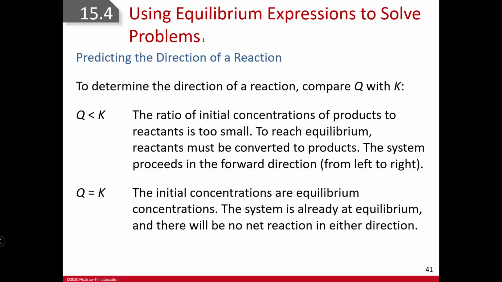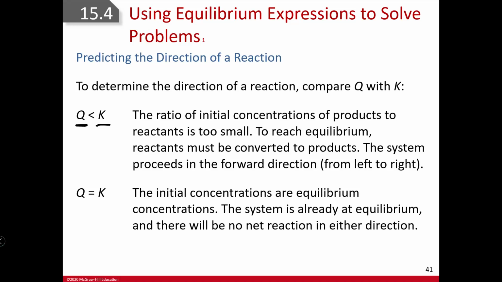So we talked about reaction quotient in the first video for this chapter. And so we talked about reaction quotient, which is Q. Q is non-equilibrium concentrations. You only have equilibrium concentrations when you use K. So K is equilibrium, Q is reaction quotient, non-equilibrium concentrations.